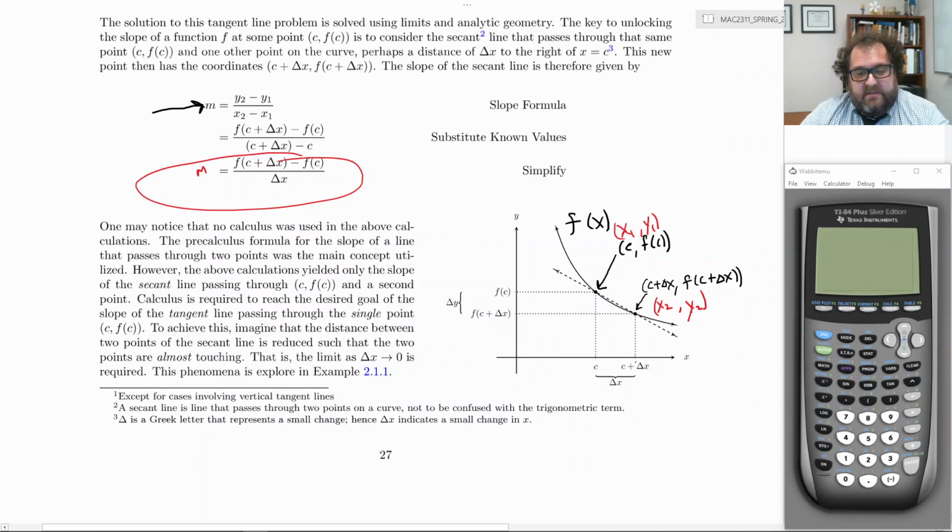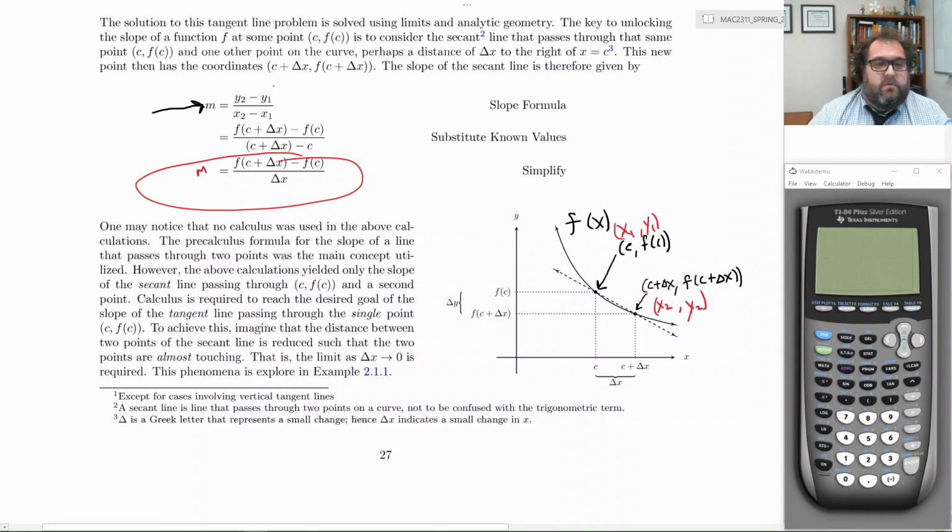That is because this distance is getting smaller, and so it pulls that point closer and closer. And if we take the limit as delta x goes to 0, it turns out we get what we call the tangent line. That is our solution to the tangent line problem.